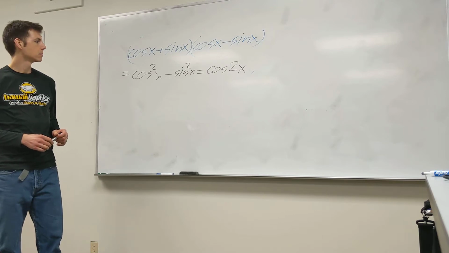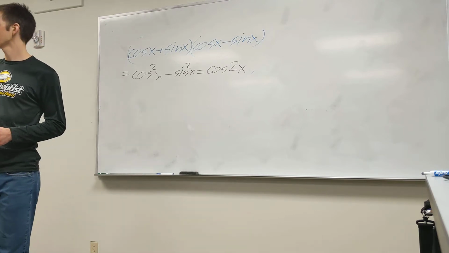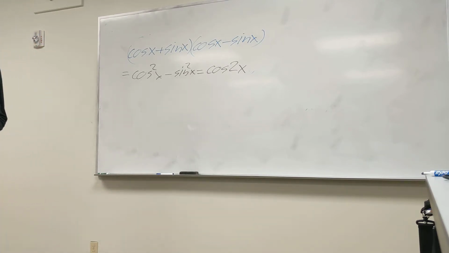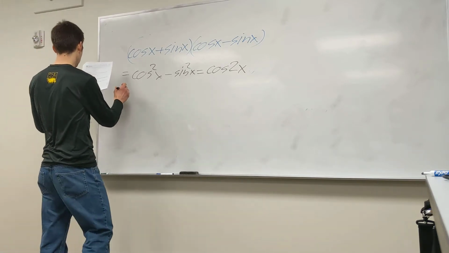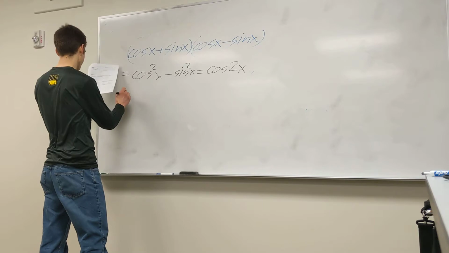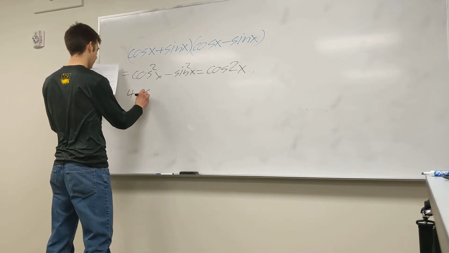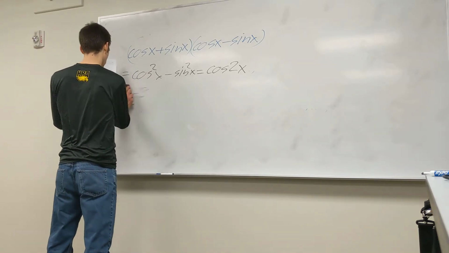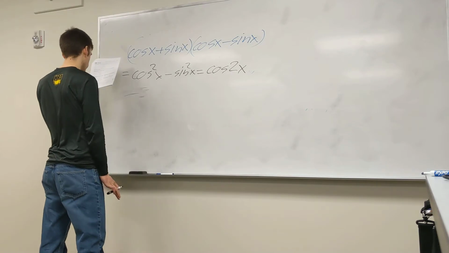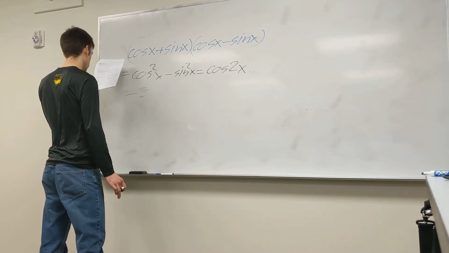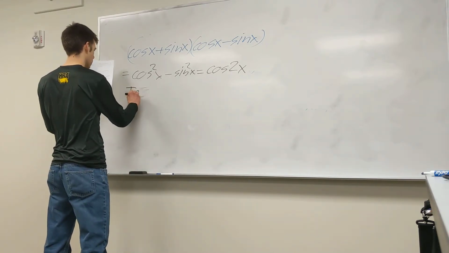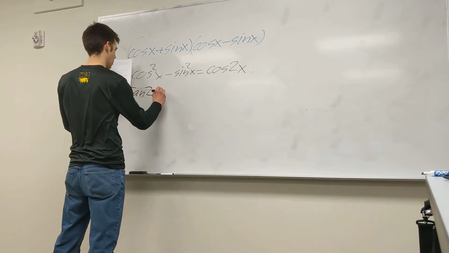Look, if you look at your double angles, cosine squared x minus sine squared x is equal to cosine 2x. They're right here. Cosine 2x. Done.